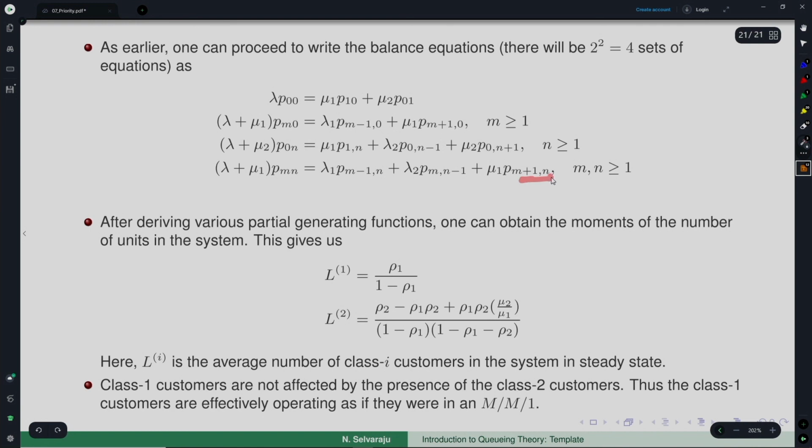Since m is strictly positive, the priority 1 customer is in service and he will complete service with rate mu 1, taking this to state (m,n). Now, whenever m and n are inside and not on the boundary of the state space, the priority 2 customer cannot be in service. This is a preemptive system, right. When there is at least one priority 1 customer, the server will be handling only priority 1 customers. So, that other possibility is not possible.